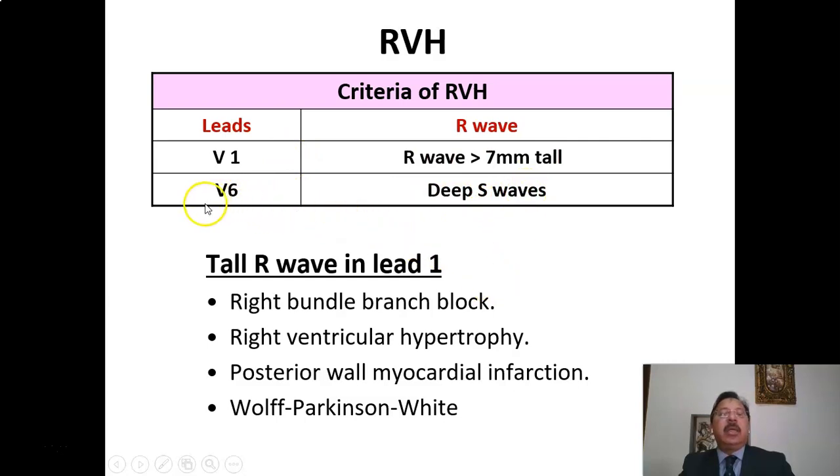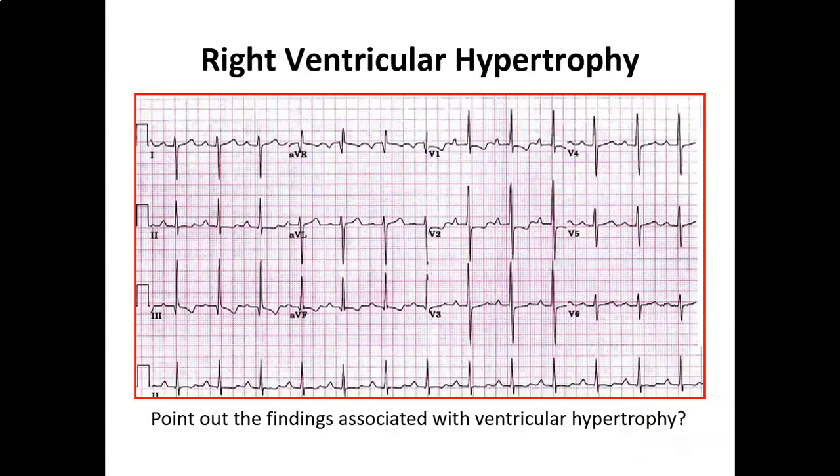There are many other causes of a tall R wave in lead V1 that include right bundle branch block, right ventricular hypertrophy, which we are talking about, posterior wall myocardial infarction, and WPW syndrome. We'll discuss later. But this is the differential diagnosis of a tall R wave in lead V1. Look at this ECG and point out the findings associated with right ventricular hypertrophy.